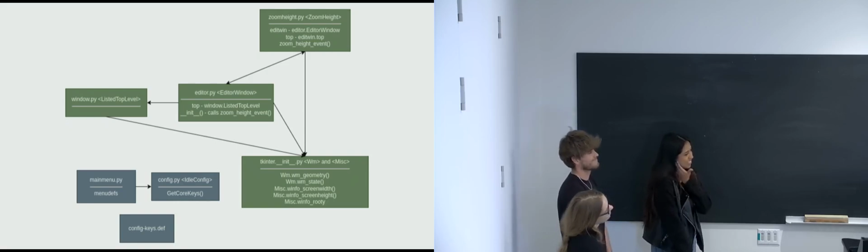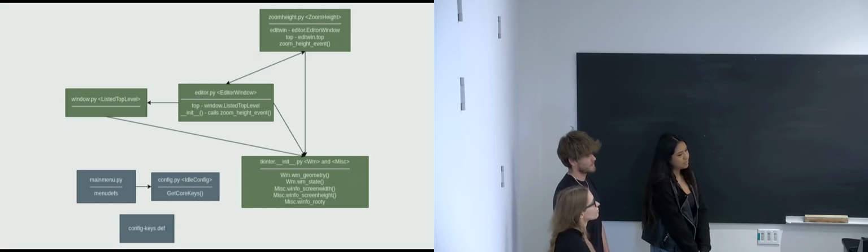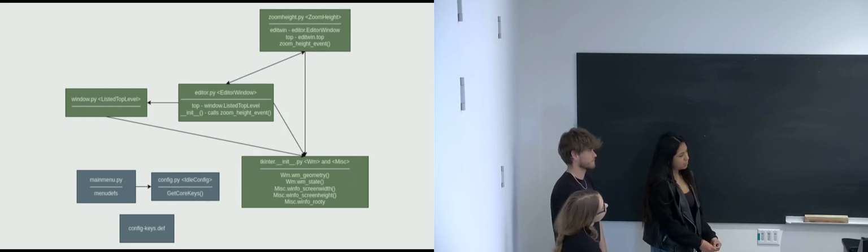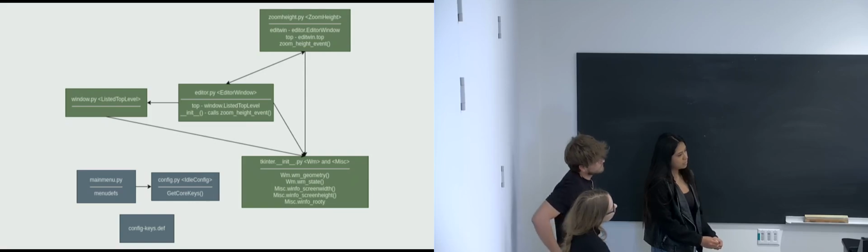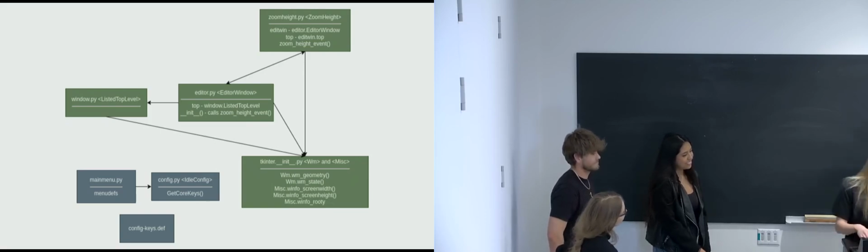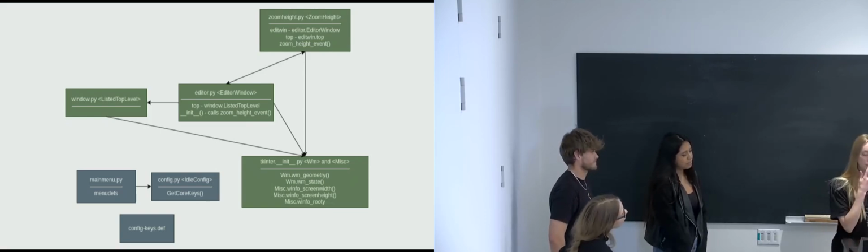And then the green boxes are more of the functionality. We just listed some important methods that are used to implement this feature. Most of it uses the tkinter library. That's all we really wanted to say about the diagram.